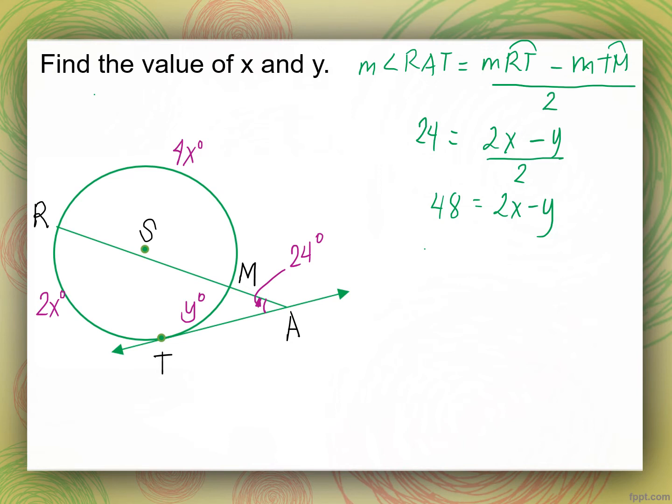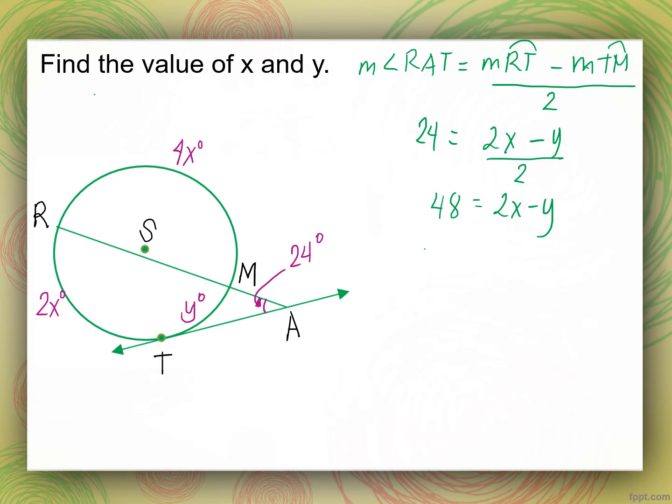Okay, so as you can see, a full circle has 360 degrees, right? So if we add arc RM plus arc MT plus arc TR, we form a full circle. So that would be equal to 360 degrees. So let's do that one. Okay.